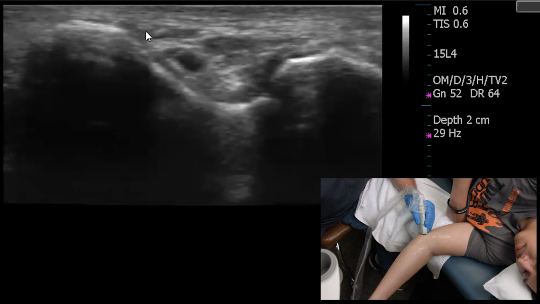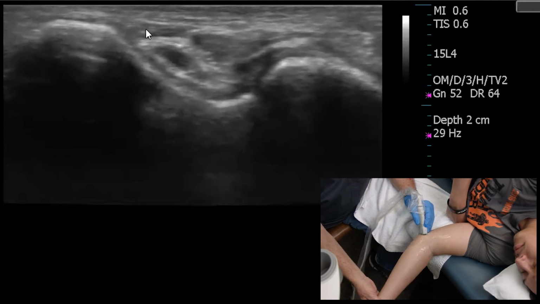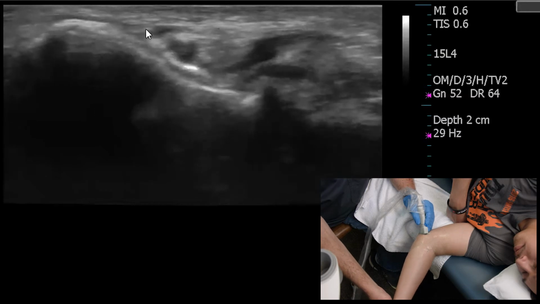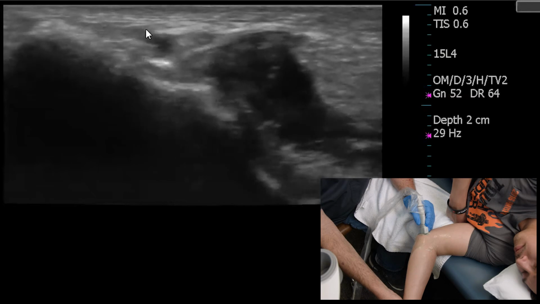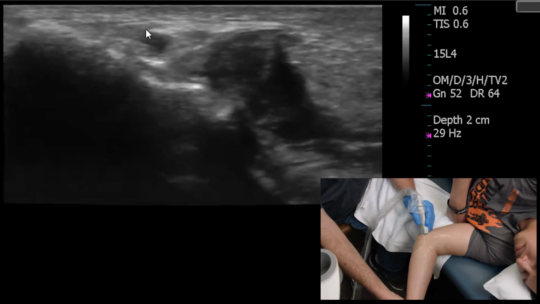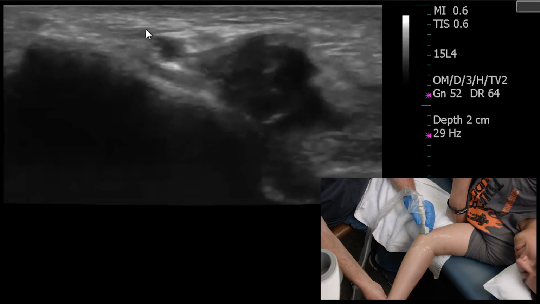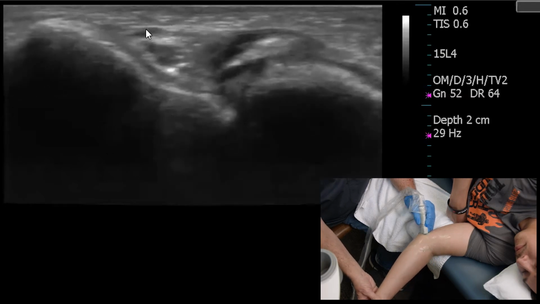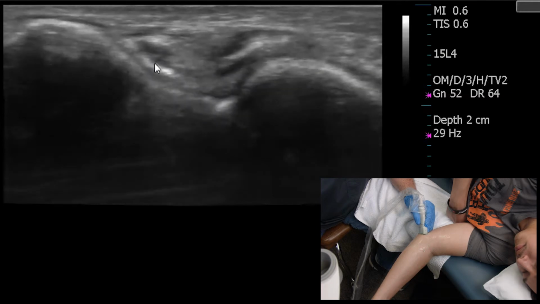So I'm going to put the arrow here, hopefully this nerve is normal. As we move up, you can see the nerve right there where the arrow is. So that's in full flexion. At 90 degrees, there is no snapping nerve. So that nerve is intact within the ulnar groove.